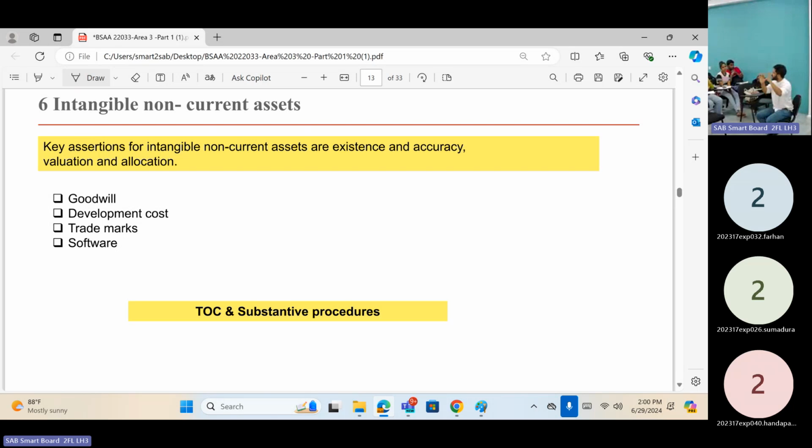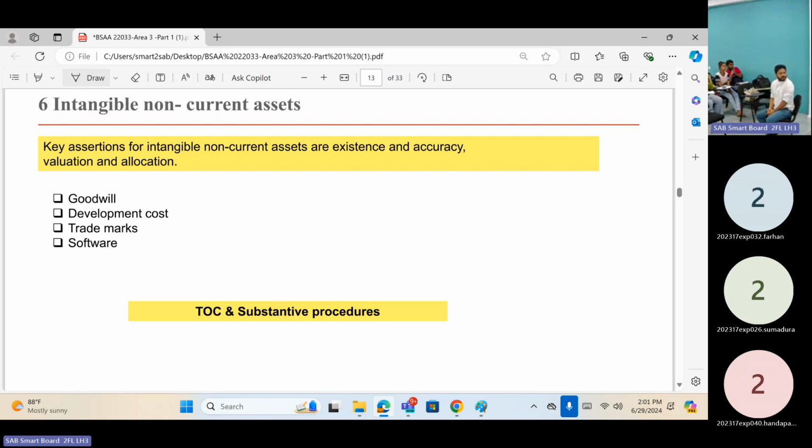So then whatever the cost incurred for those 50 customers, you can capitalize that as an intangible asset. So that's a payment you have done for the customer list. It's not a tangible asset, right? So that's the thing I want to highlight.